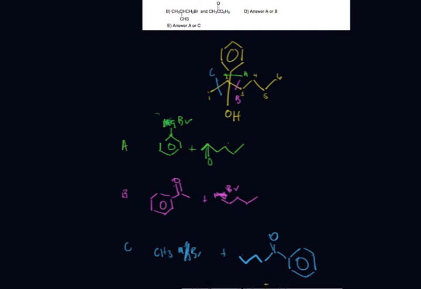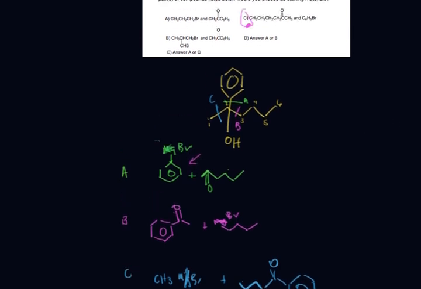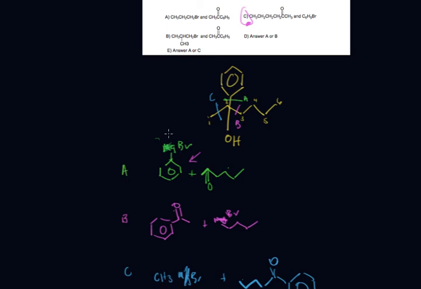And so the answer then, the one that shows up there, is C right here, and it is this one right here. It's A. So maybe just to clarify that, I'll circle in green.